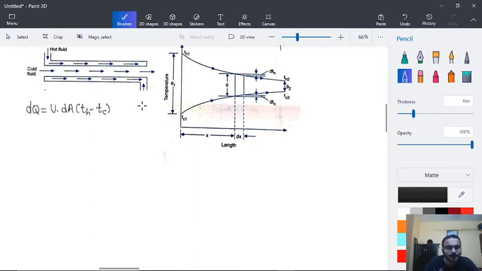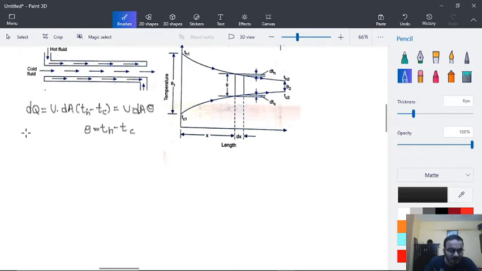Okay, now here we can write this as U into dA into theta, where theta is our thermal head, that is equal to TH minus TC, and dA is the elementary area.